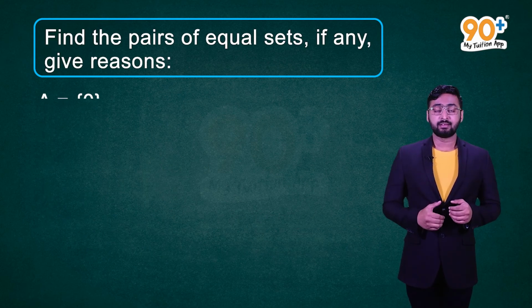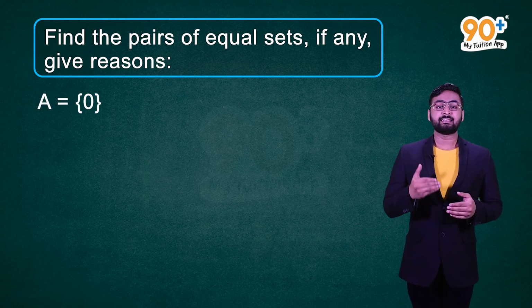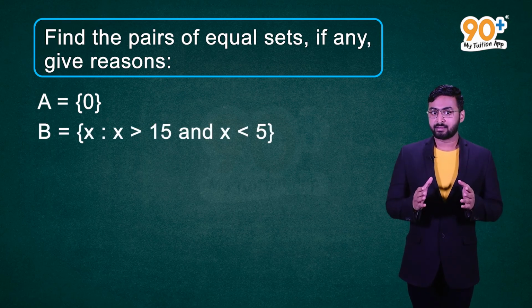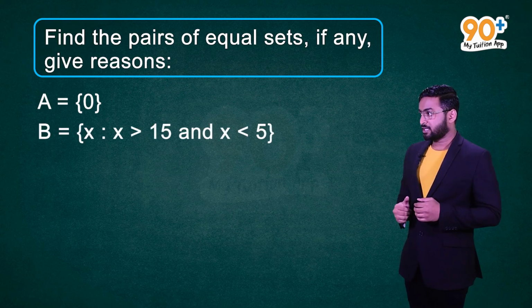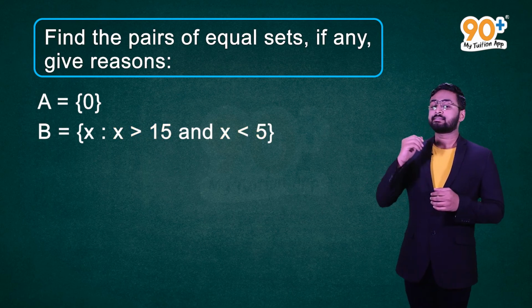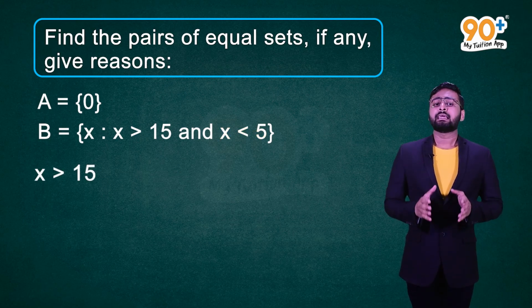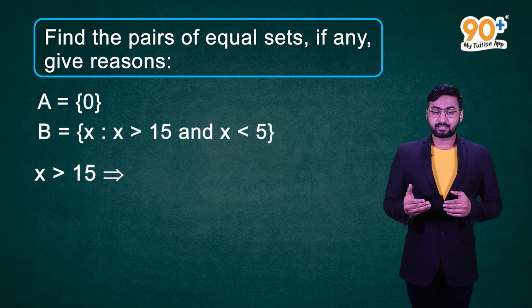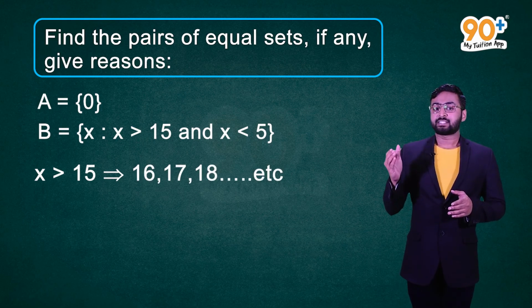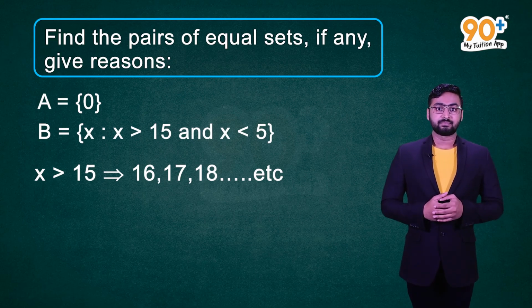So here we are given a couple of sets and we have to find out the pairs of equal sets. So here the first set is A and its element is given, that is 0. The second set is B. Here the conditions given are x is greater than 15 and x is less than 5. So when x is greater than 15, it implies the values of x could be 16, 17, 18, etc. That is, any value greater than 15.